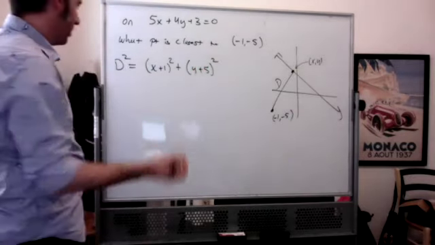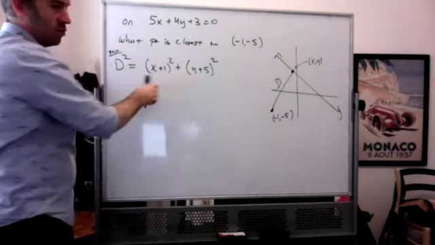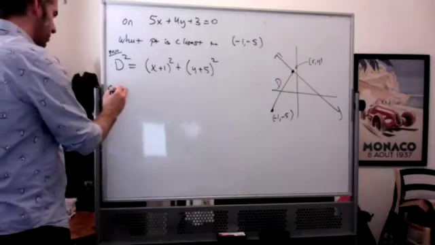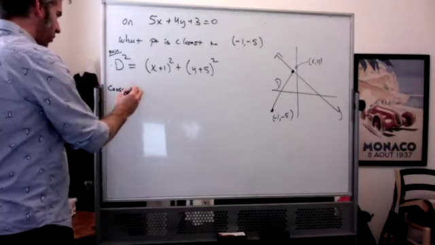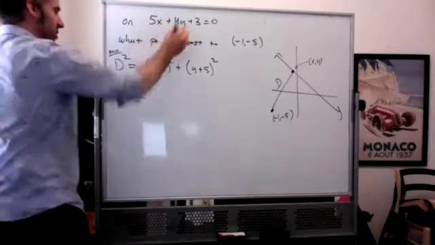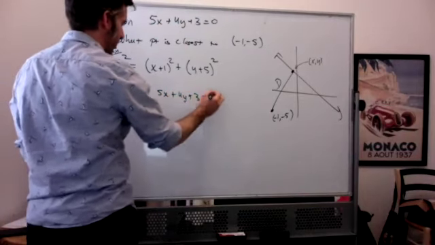And then as usual, the thing I'm trying to optimize has two variables, so I need a constraint. The constraint, of course, is that the point is on the line that's given. So there's my constraint: 5x plus 4y plus 3 equals 0.